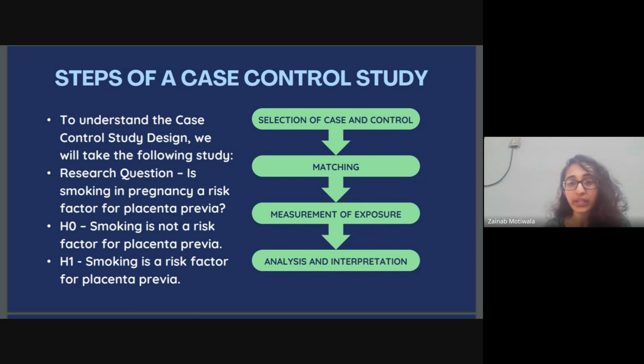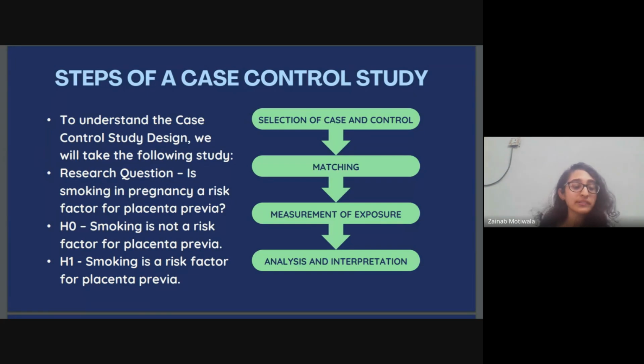Now we will be talking primarily about the steps of a case control study. First, the research question. In this case, we're discussing: is smoking in pregnancy a risk factor for placenta previa? As we discussed in the previous session, what would be the null and the alternate hypotheses?